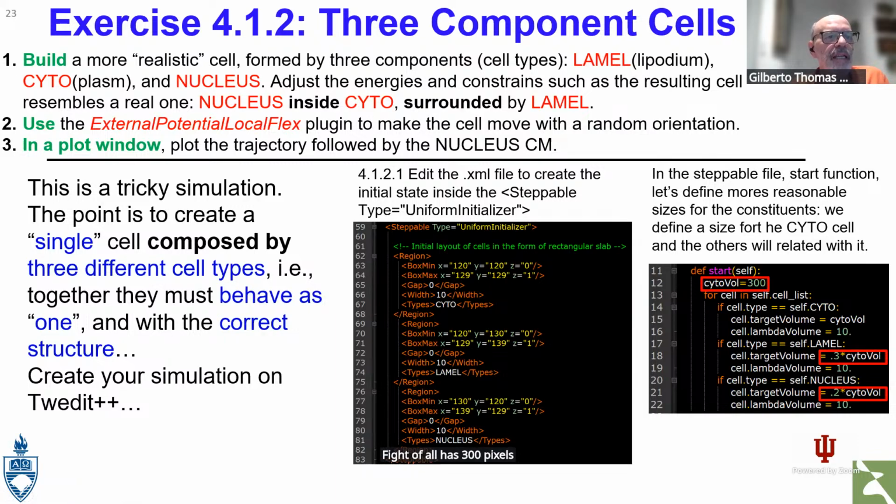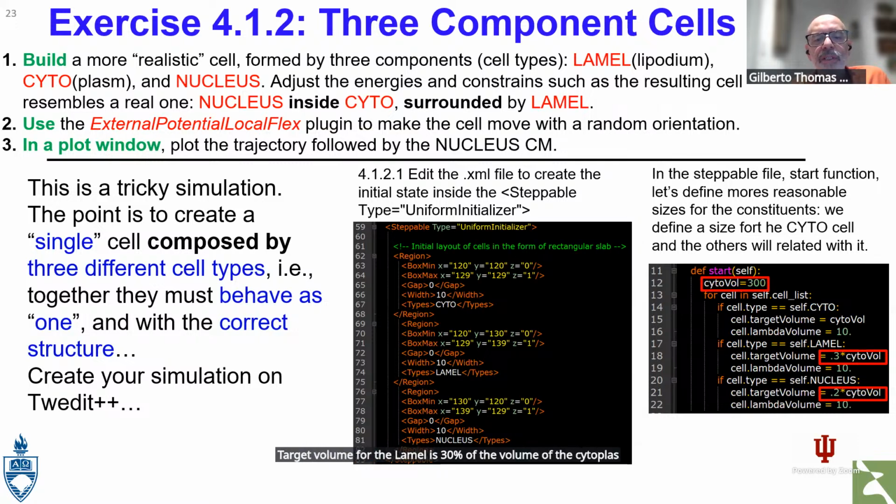And then I'm giving values for the target volumes of each kind of cell. So the target volume of the cyto is cytovol. The target volume for the lamel is 30% of the volume of the cytoplasm.